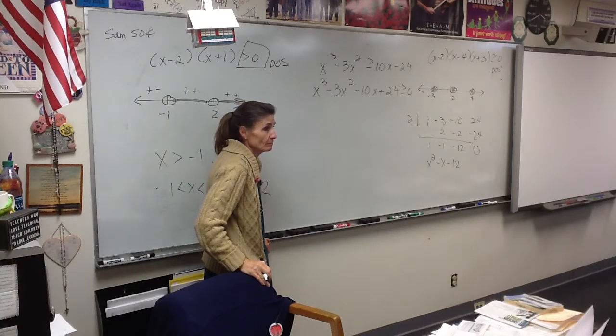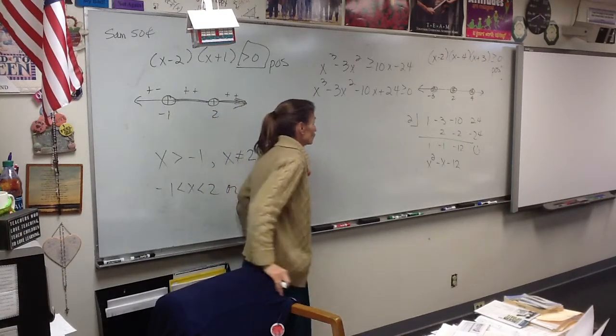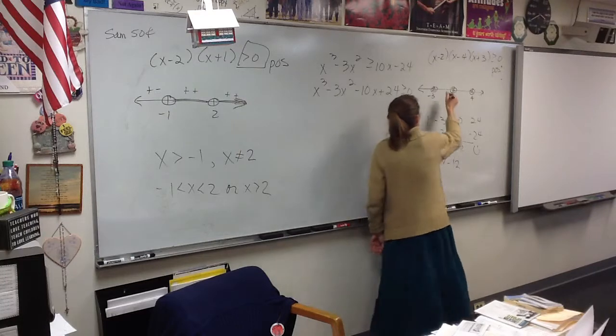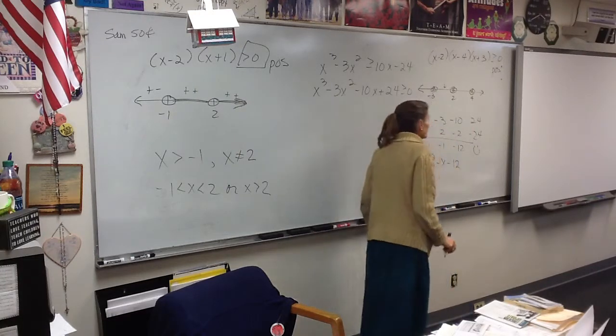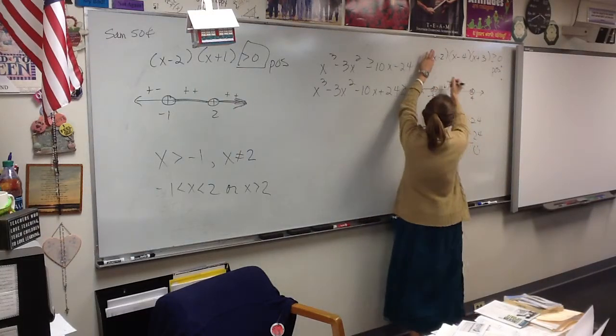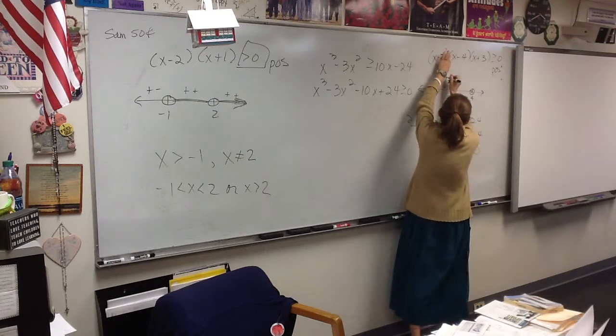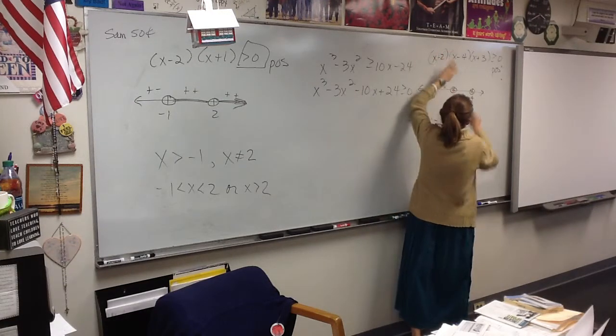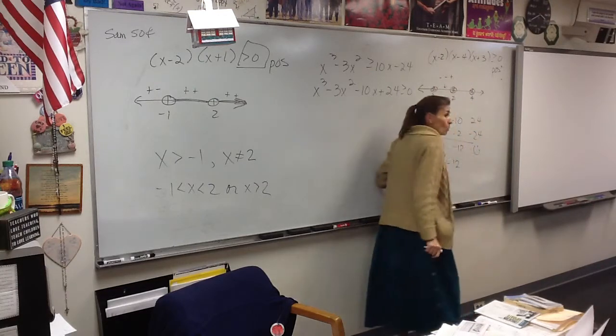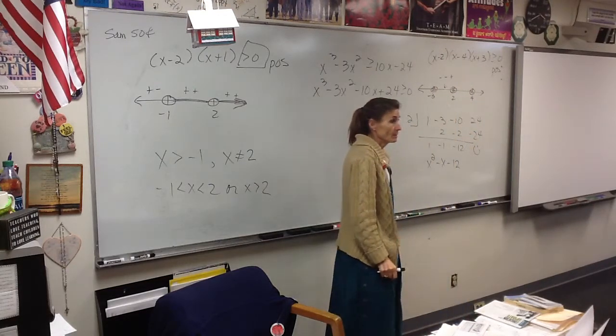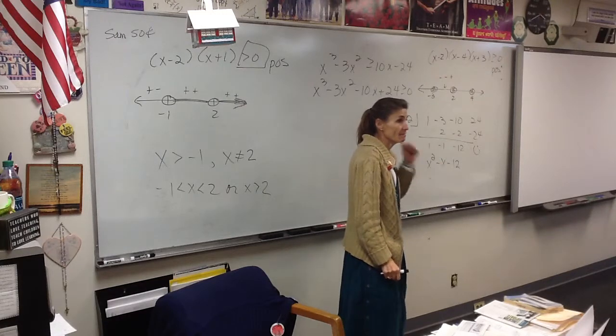Positive. 0's right in here. 0 makes this guy negative, this guy negative, and that guy positive. Does that work for me? Negative times negative times positive.